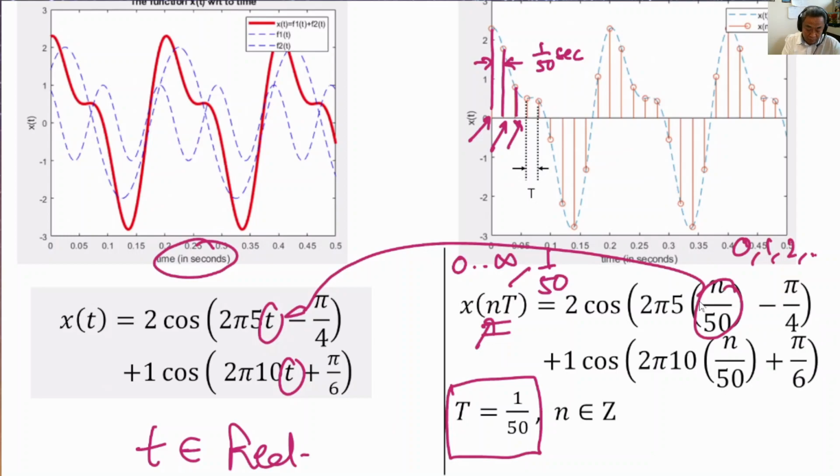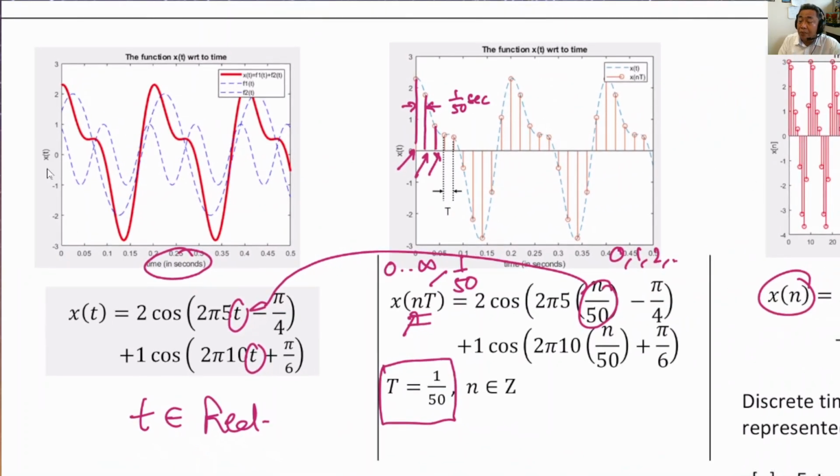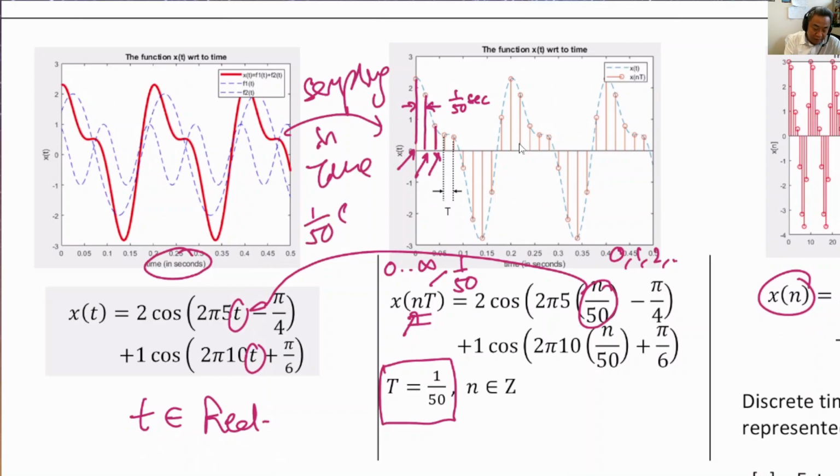Now when we go from this figure to this figure, this is a sampling in time, by this 1 over 50th of a second for big T. The horizontal axis is still time, because by putting different n, I know where I am in the horizontal time.